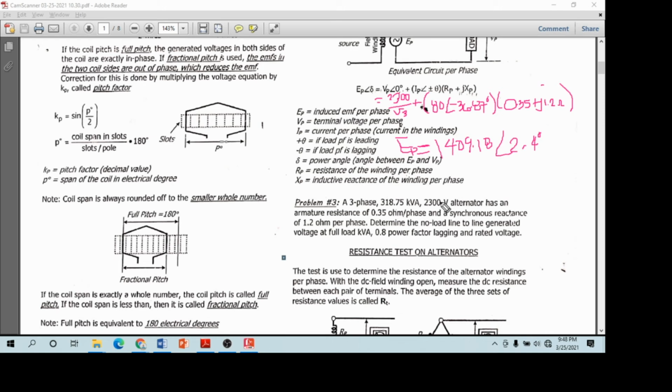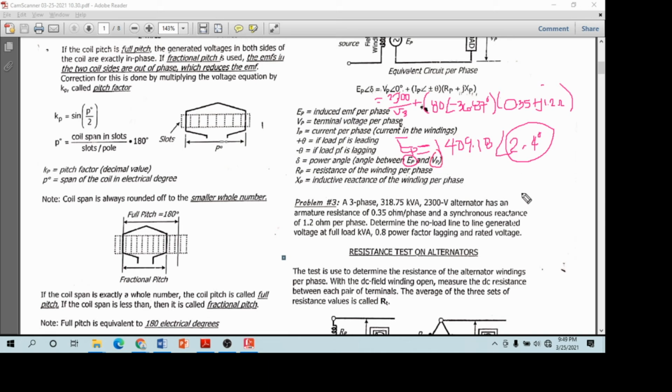Right? So this is the angle, or the gap. Power angle is the gap between EP and VP. EP is from the alternator side and then VP is from the load side.